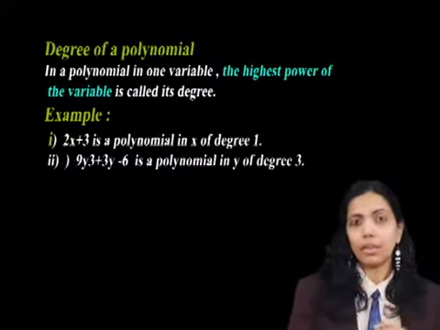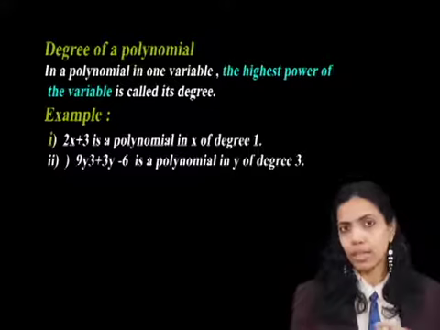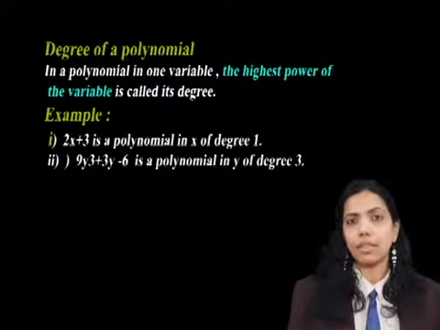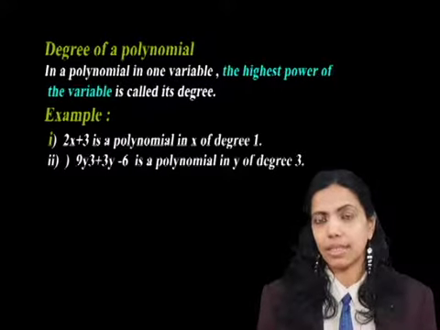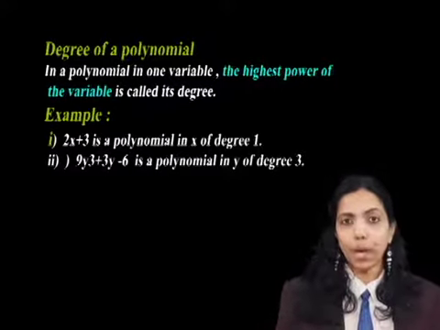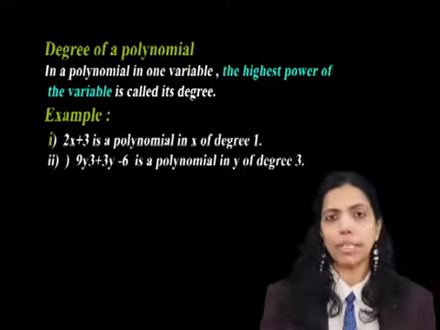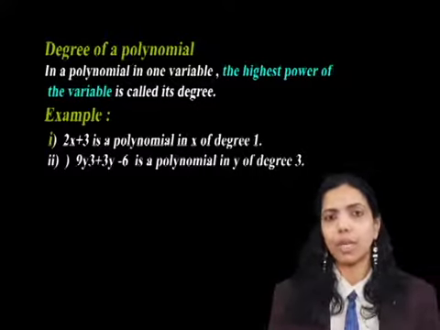If you check the variable, it is x, and what about the exponent of x? It is 1. So we call it a degree 1 polynomial. And the second one, 9y to the power 3 plus 3y minus 6, is a polynomial in y. Check the variable y: what is the maximum exponent? It is 3. Of course, the degree turns out to be 3.